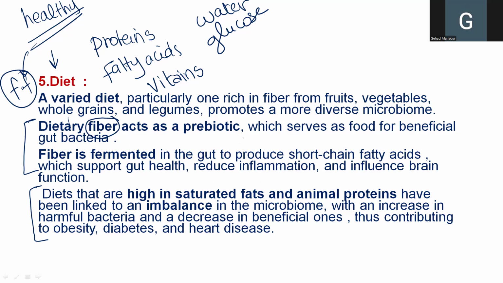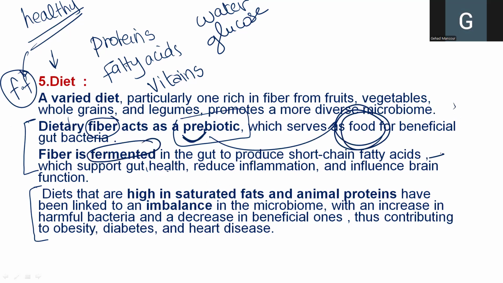Fibers, dietary fibers within limits are considered prebiotic. What is a prebiotic? A prebiotic is food for friendly flora. Why are they food for friendly flora? Because when they are broken down in the gut by the friendly flora, they produce short chain fatty acids and a small amount of energy.